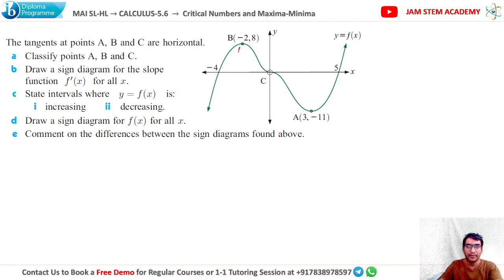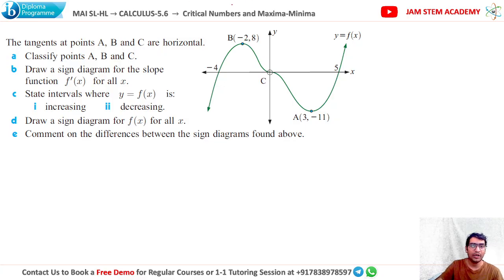So we have maxima, inflection, and minima. But remember, it is not absolute, it is local maxima and local minima here. So now we have classified points A, B, and C.